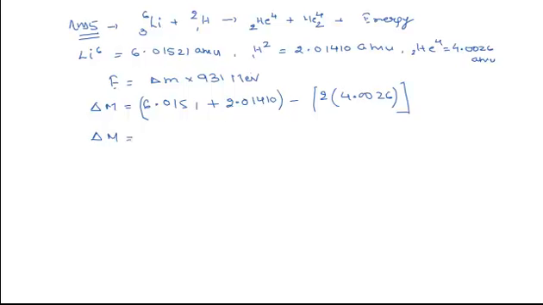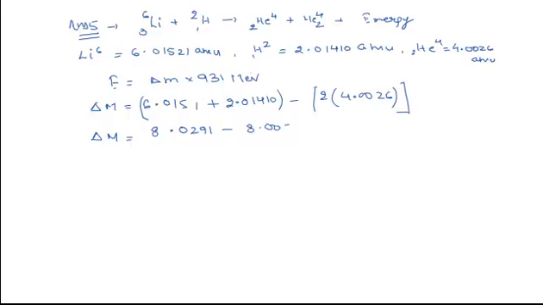It should be 6.0151 plus 2.0140, that is equal to 8.0291 minus 2 into 4.0026.